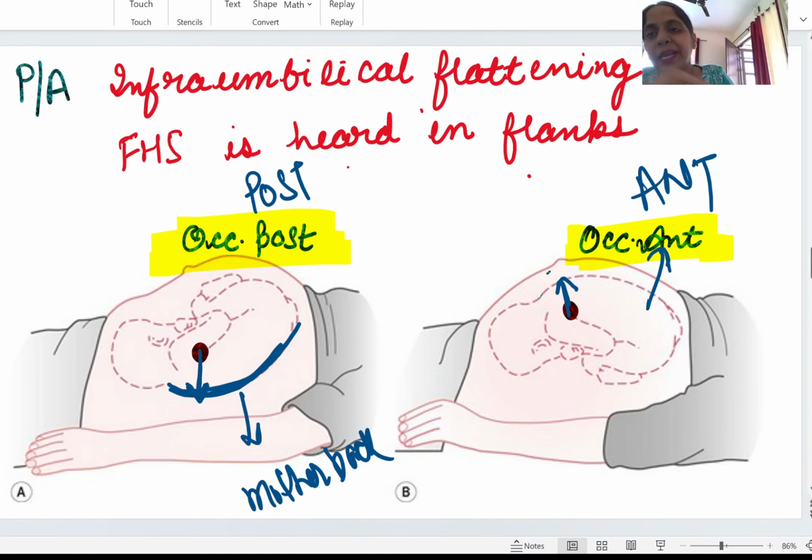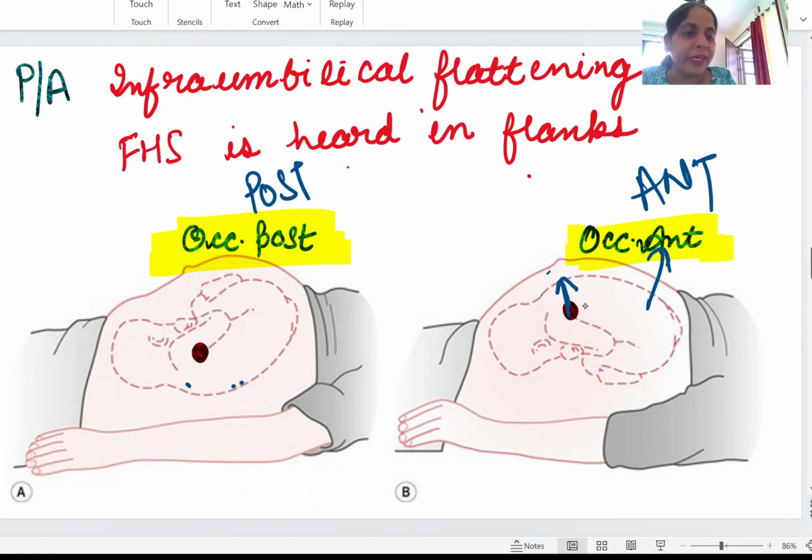Now, you tell me where we auscultate the fetal heart rate? Where there is back, just posterior to the heart.